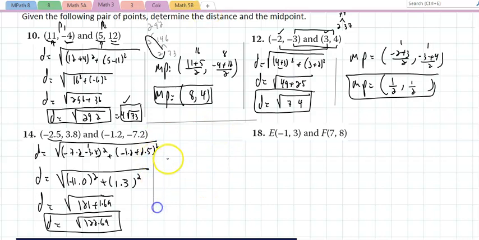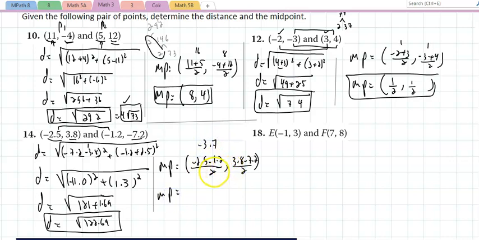And if I look for the midpoint, again, that's always simpler. That is, take the x's and average them. Negative 2.5 plus a negative, that's still a negative, over 2. And if you take 3.8 plus a negative 7.2, divided by 2, the midpoint would be a negative 3.4 divided by 2.